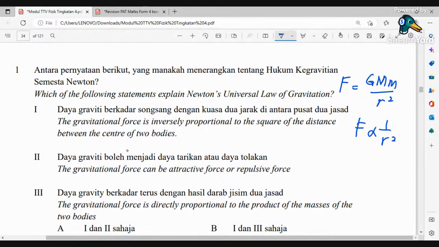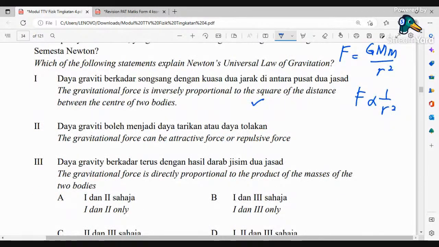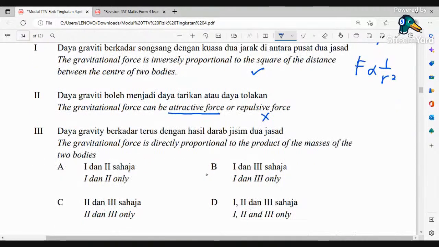Yes, correct. Number 2: the gravitational force can be attractive force or repulsive force. Is it correct? No. Gravitational force is attractive force, not repulsive force. Number 3: gravitational force is directly proportional to the product of masses.